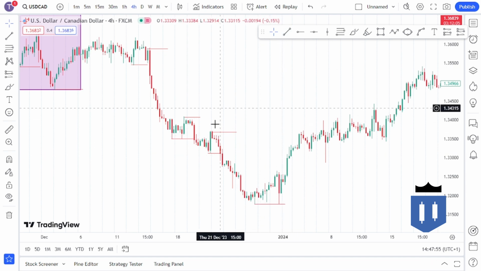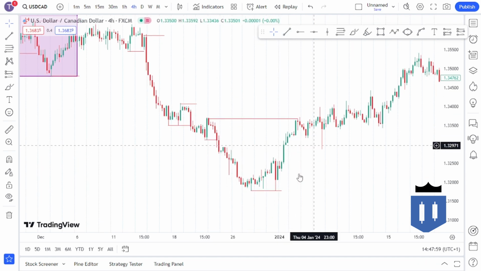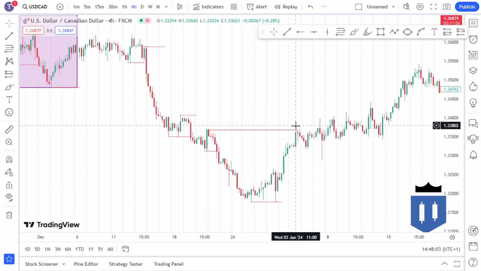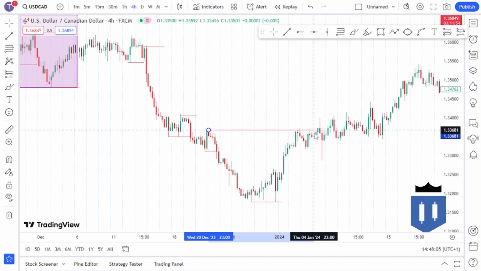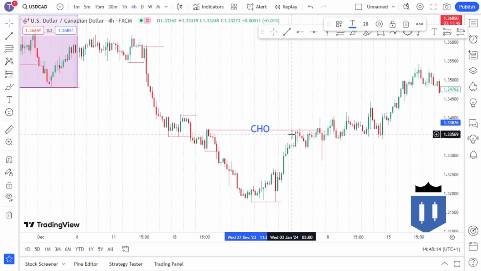As you can see, price has to either break this high or break this low if it wants to continue. But then price broke this high. That's how you know it has changed from being a downtrend to an uptrend.